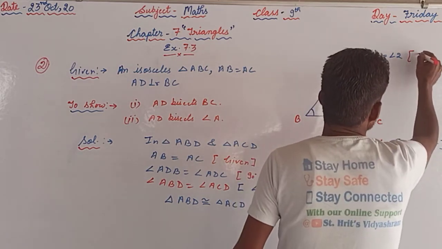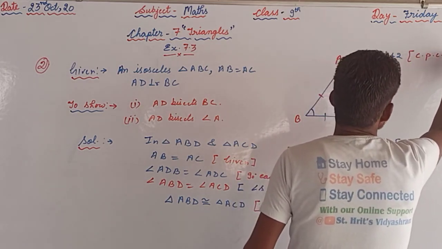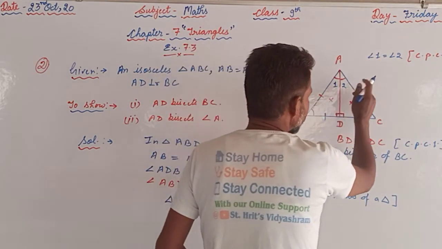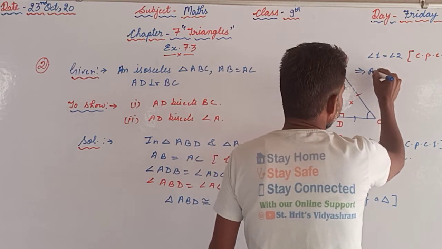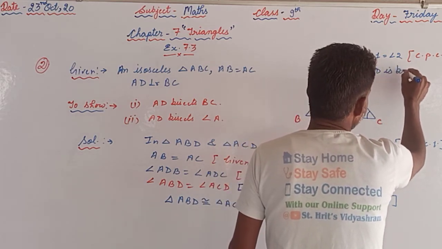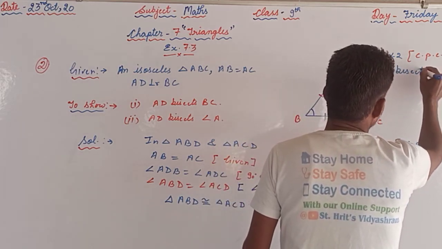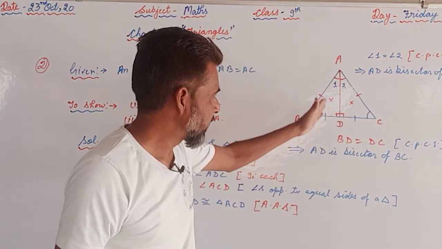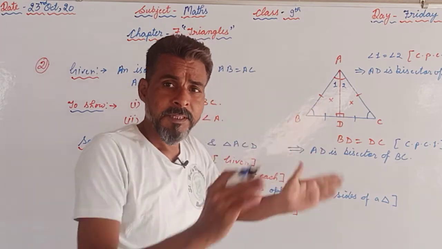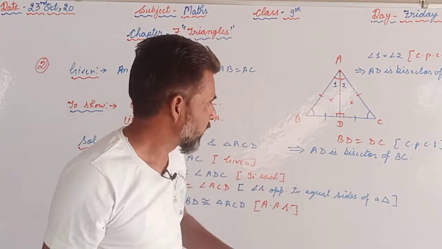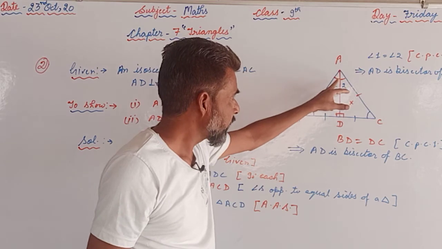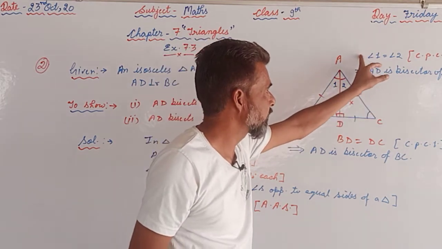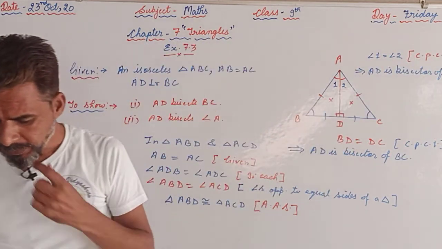The reason is CPCT, and if angle 1 is equal to angle 2, it implies that AD is the bisector of angle A as well, because bisector means splitting into two equal parts. So AD is splitting angle A into two parts, 1 and 2, which are equal, because angle 1 is equal to angle 2 by CPCT.